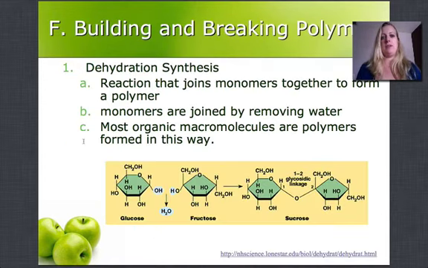All right, when we want to break polymers, what we're going to do is we're going to add water. So if you remember, properties of water from the video that we saw last week is that water likes to dissolve things. So when we add water, it's going to help break down polymers. Okay? When we remove water, we're going to join monomers together.